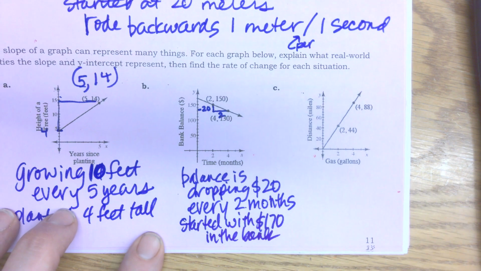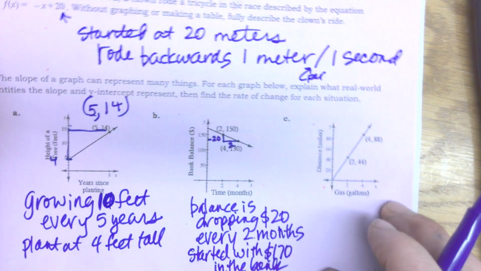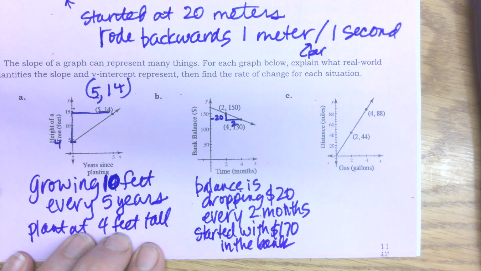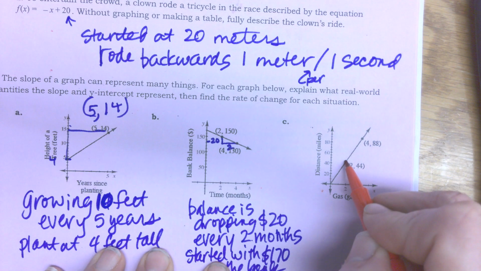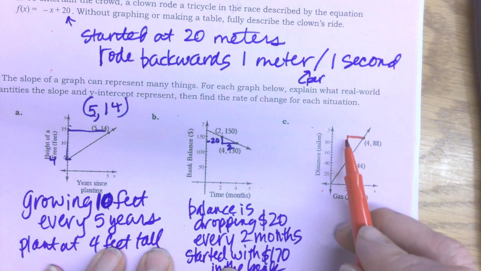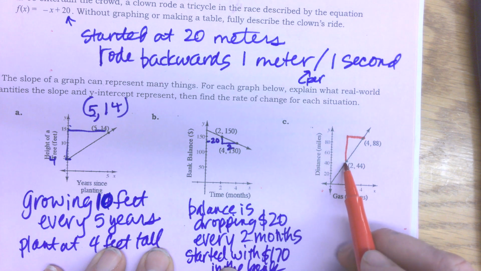Okay. How about this next one? Last one, kind of the same thing. We're going to go through that. What's the scenario? Let's do our slope triangle to help us out here. How does the y change?